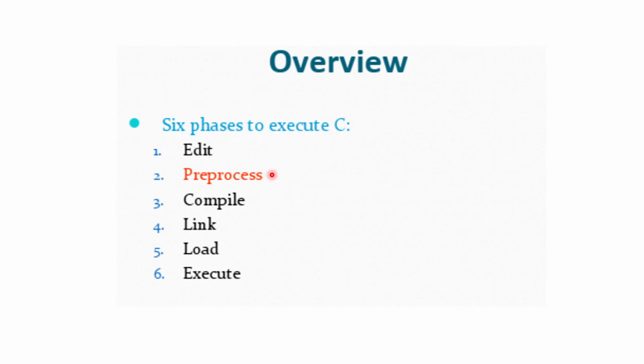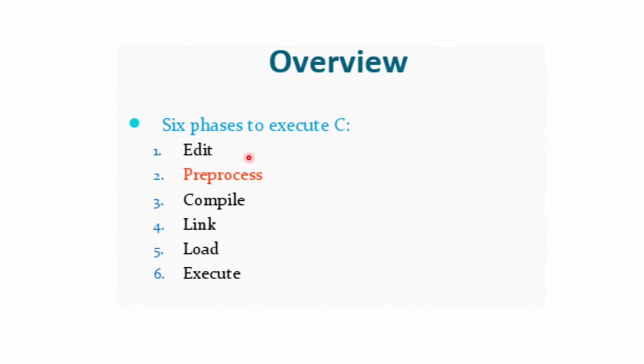So let's define it in one line. Pre-process takes the program that you have written, and it adds or deletes some specific lines depending on some criteria. We will discuss that very soon.